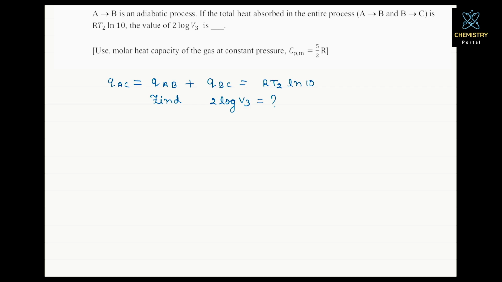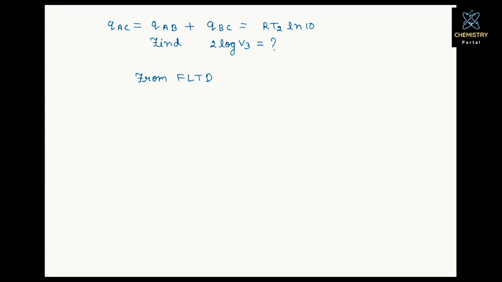So from the first law of thermodynamics, we know delta U is equal to Q plus W. Delta U for the full process AC, QAC and WAC, and the internal energy formula is nCV delta T. QAC value is given as RT2 ln10, and WAC is WAB plus WBC.